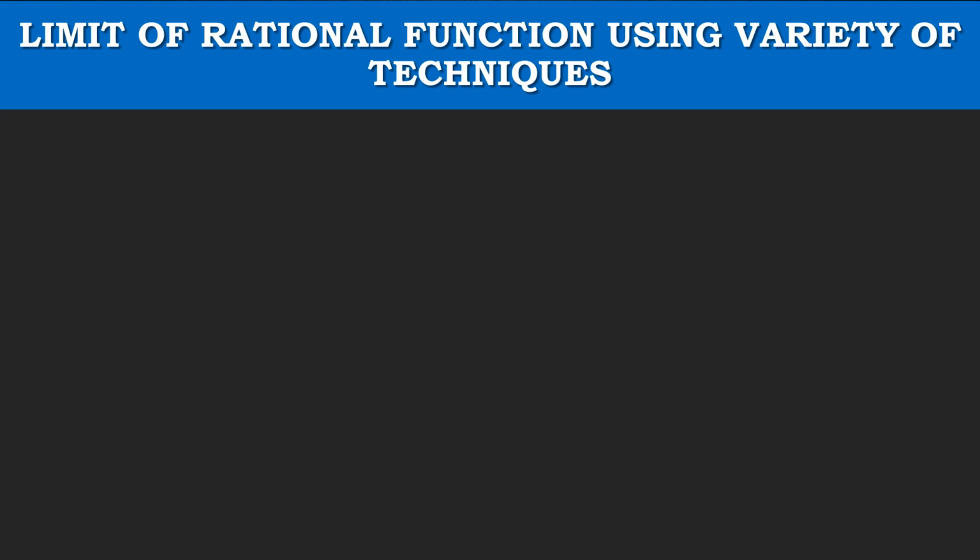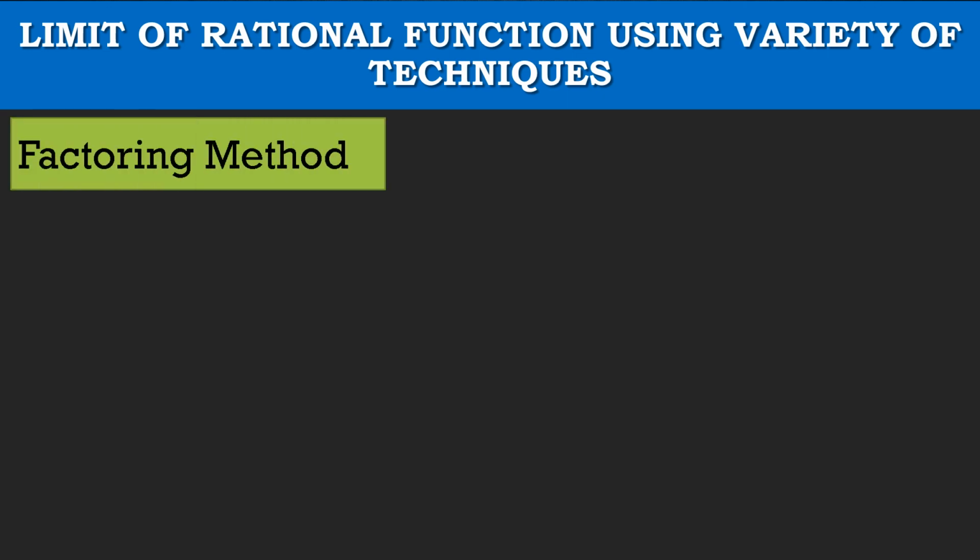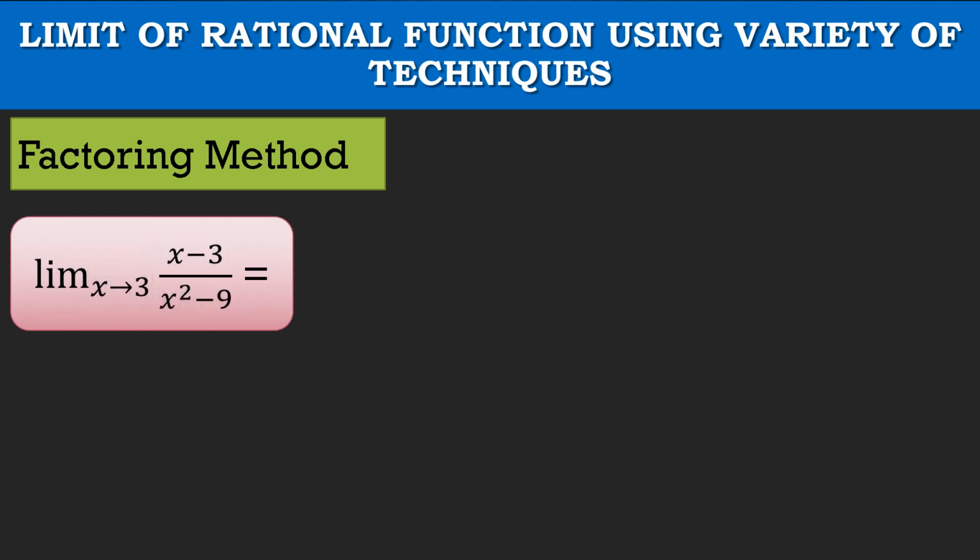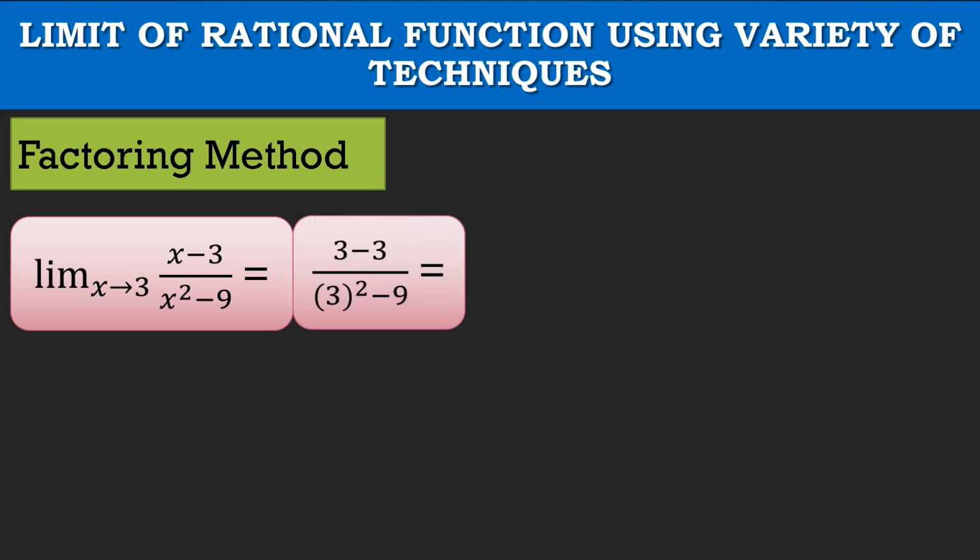Okay, the second technique na gagamitin natin para mahanap yung limit ng rational function ay tinatawag nating factoring method. Okay, let's say for example, limit of x minus 3 over x squared minus 9 as x approaches 3. Kung gagamitin natin yung direct substitution, anong mangyayari dito? Let's test. Okay? So sabi dito, x is equal to 3.